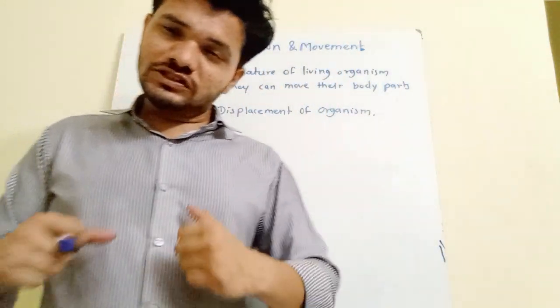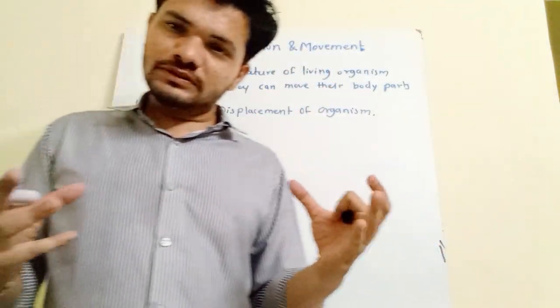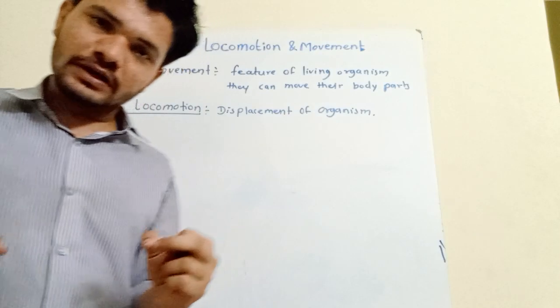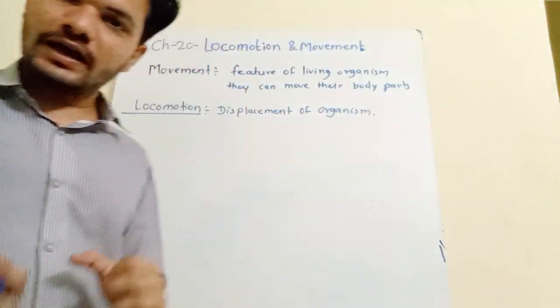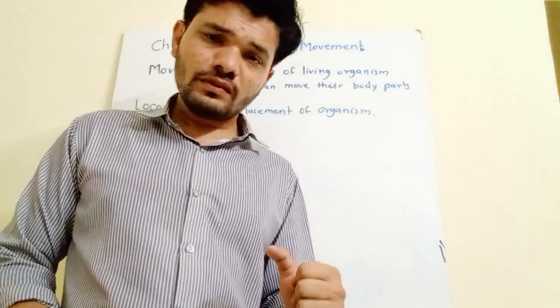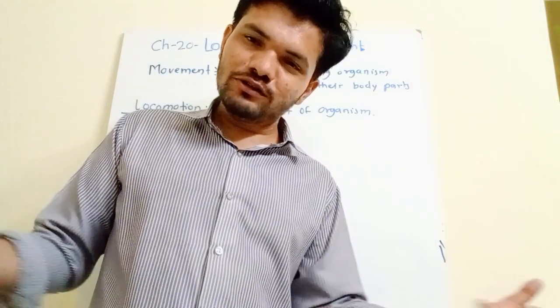What are the things which help us to move our body parts? Right. So the main thing you have to remember is that muscles play a very vital role in movement and locomotion also. But there are some organisms who do not have muscles. How do they move?